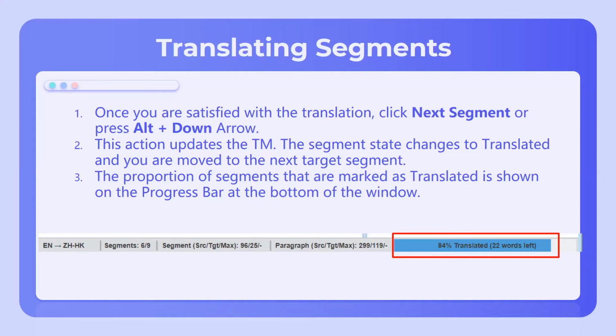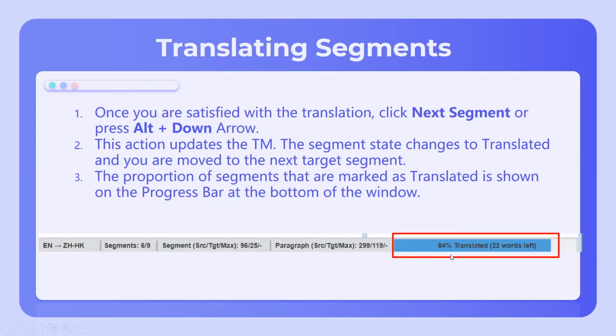So along our translation, the proportion of segments that we have translated will be shown on the progress bar at the bottom of the edit window. For example, for our current file, the segments that have been translated is 6 out of 9 sentences or 9 segments, and the paragraph of the source file compared to the paragraphs in the target file.